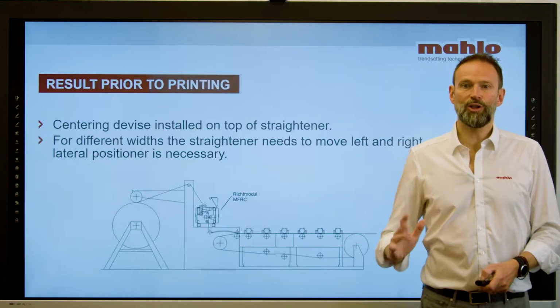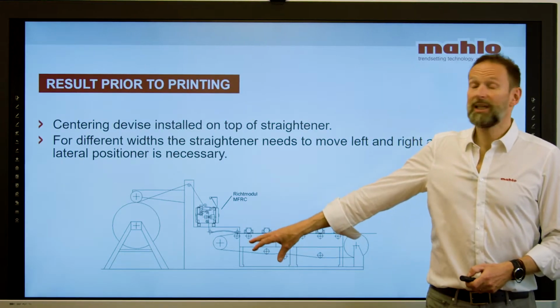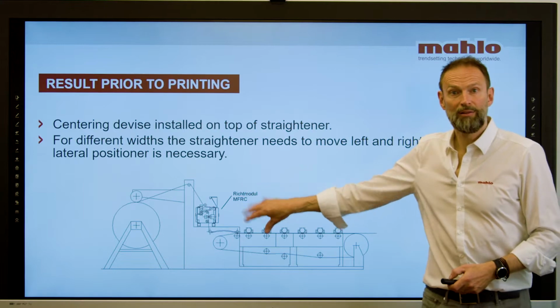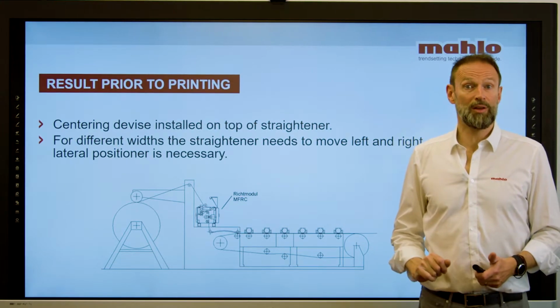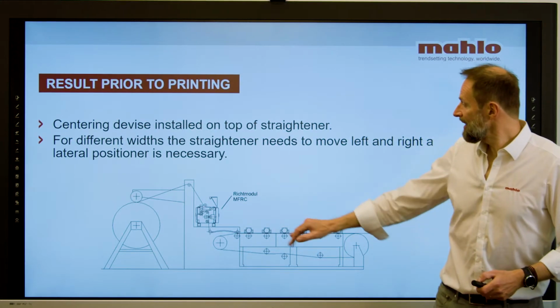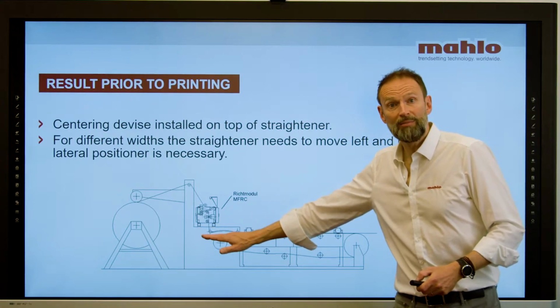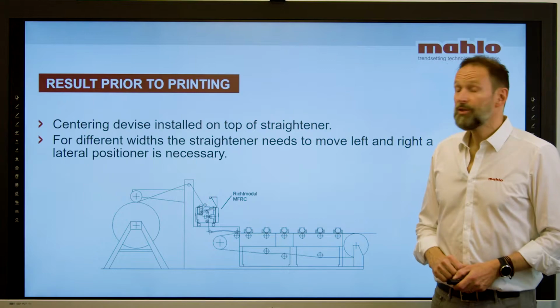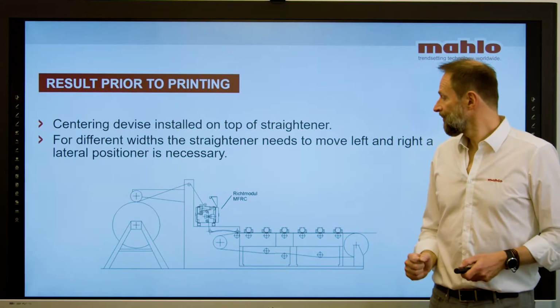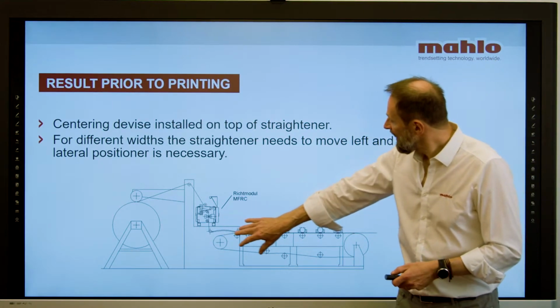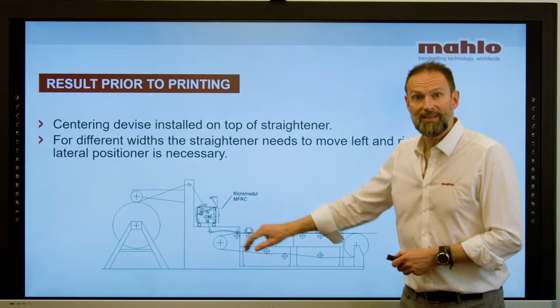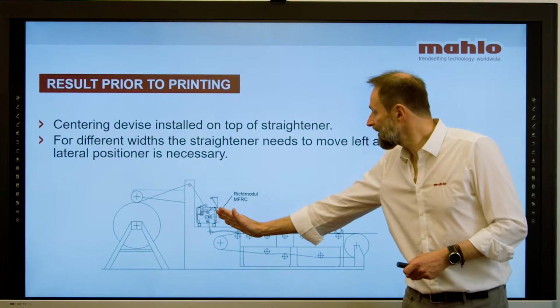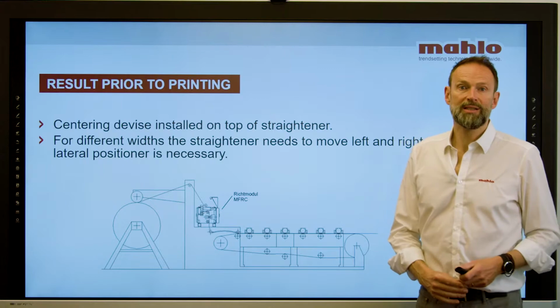Let's have a look at how it would look in conjunction with the printing table. You can see the rail system here and the weft straightener on top of that. And here you can see the small distance between the straightening unit and the printing table.